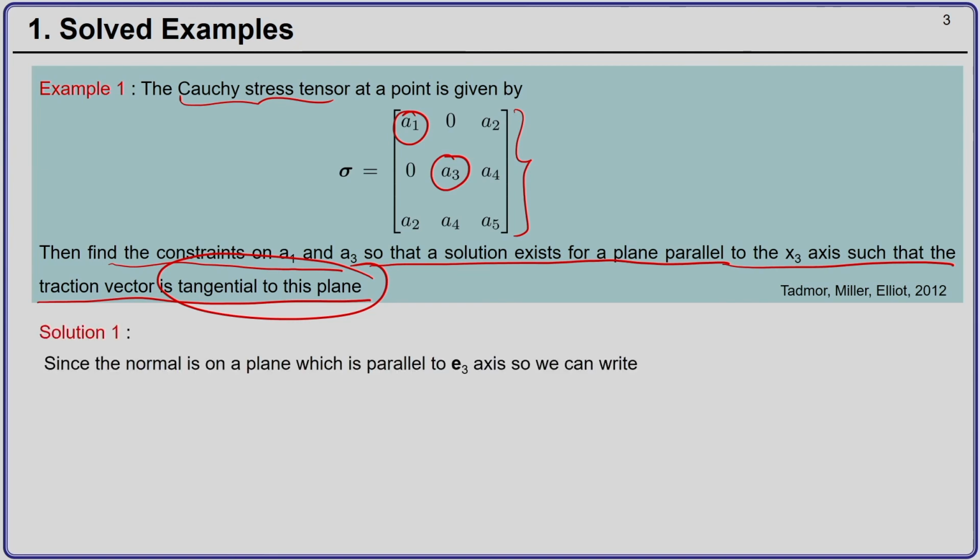Now, since the normal is not given to us, the first thing we have to do is to find out the normal, before we can apply the Cauchy stress principle, that is T equal to sigma n.